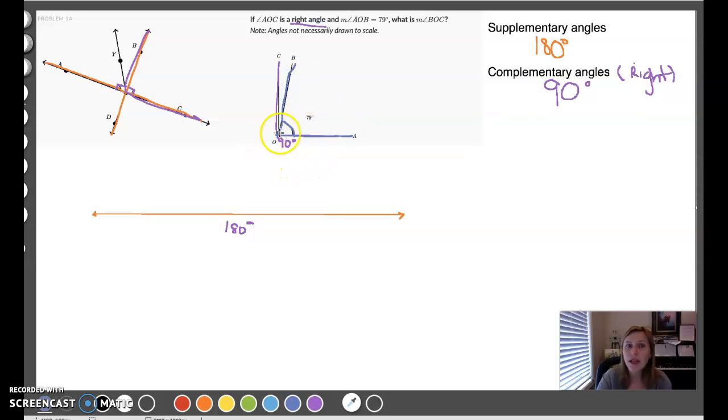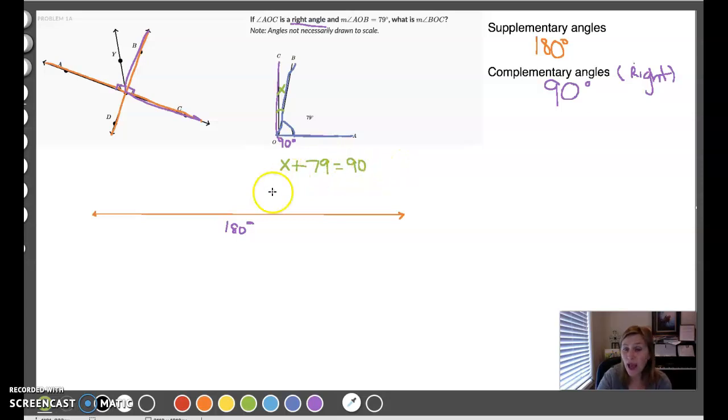Okay, so now it says, what is this angle? This is the missing angle that we're looking for. We're looking for this angle inside here, BOC, this little one right here. So the way we set these up is we say, okay, the total of this that I don't know plus 79 equals 90. I don't know what that angle is, but I do know that this one is 79, and I know that the total of both of those is 90.